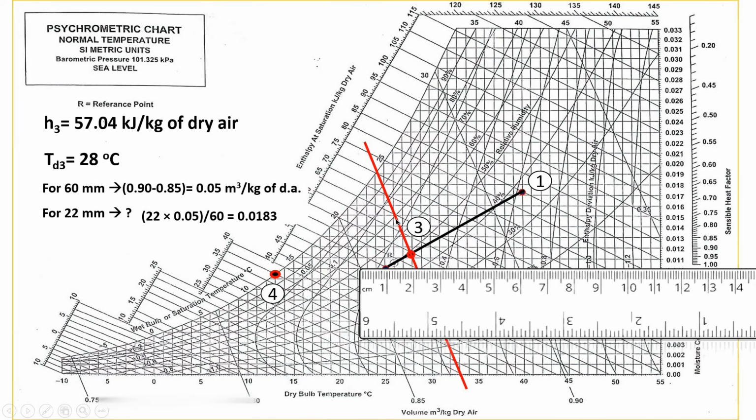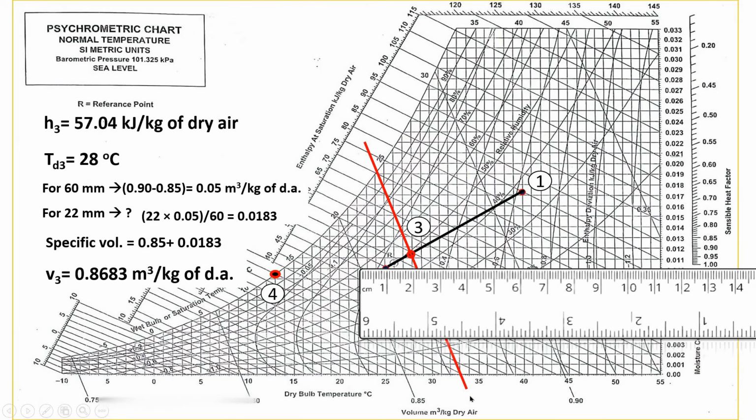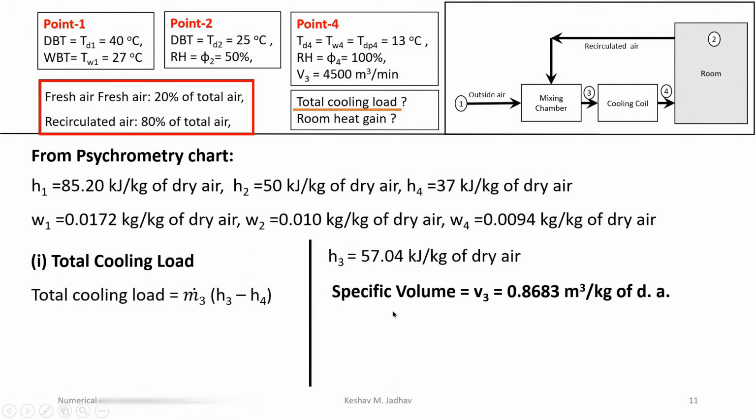The specific volume for the line passing through point 3 is 0.85 plus this change, that is 0.0183. So V3 is equal to 0.8683 meter cube per kg of dry air. So we have found the specific volume V3 from the psychrometric chart.